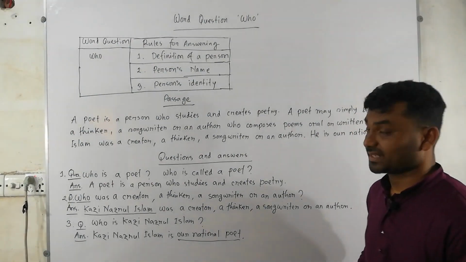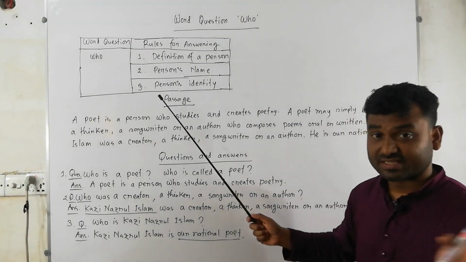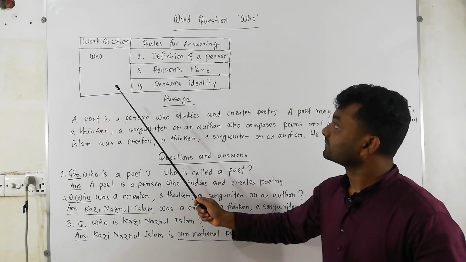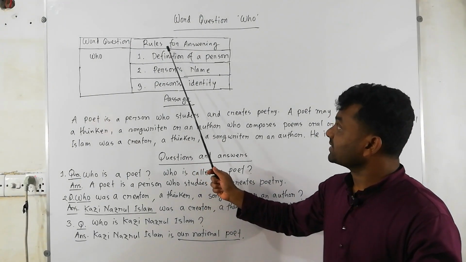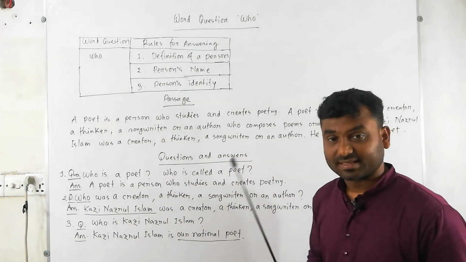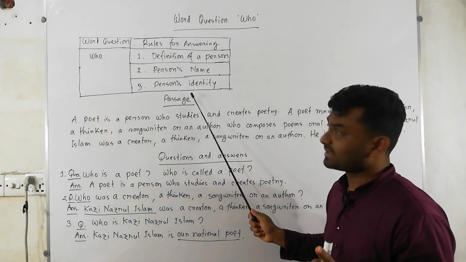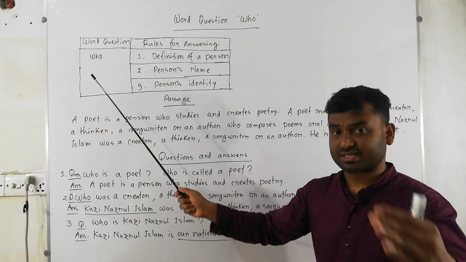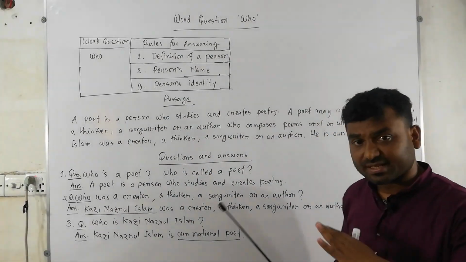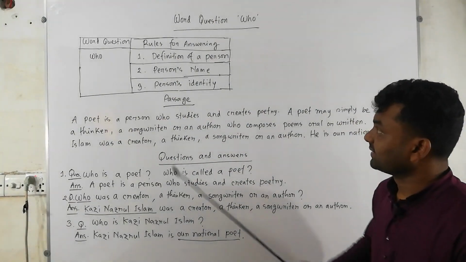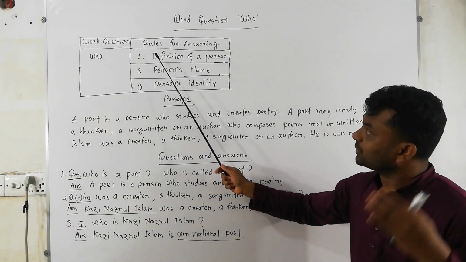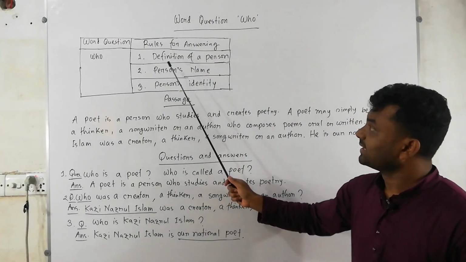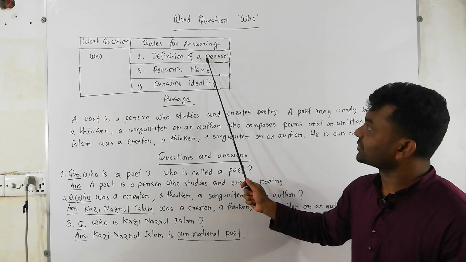Now take a look at this box: what questions who, and rules for answering. In three ways we can answer the what questions who. I'm telling everything in detail. The first rule for answering what questions who is number one, the definition of a person.